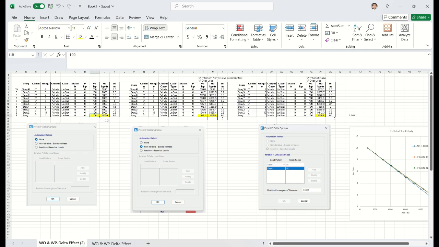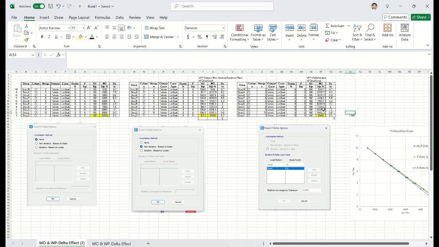Without P delta, we have a shear force of 100 kips, moment 10,000 kip-foot, right? With P delta but the non-iterative method, I have 107 kips shear, but the bending moment is 10,456, so a 456 increase.